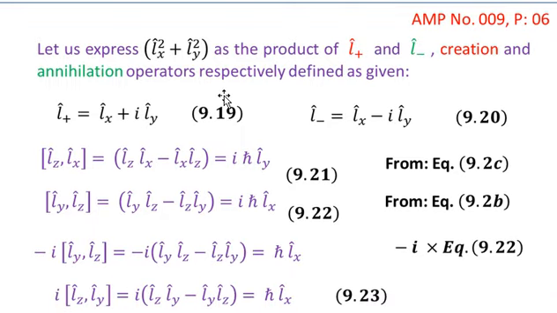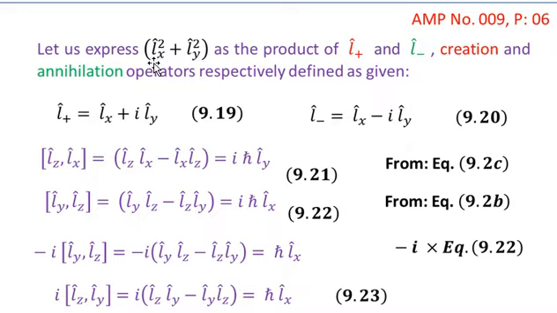Now let's express Lx² + Ly² as the product of L+ and L−, where L+ is regarded as the creation operator and L− will be regarded as the annihilation operator. Later we shall also see that L+ will be called the raising operator and L− the lowering operator.